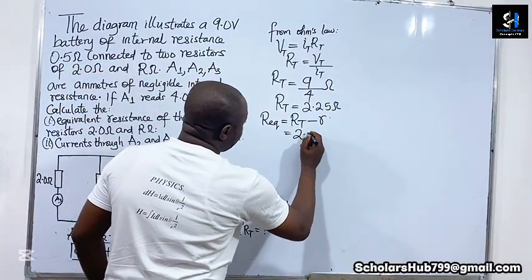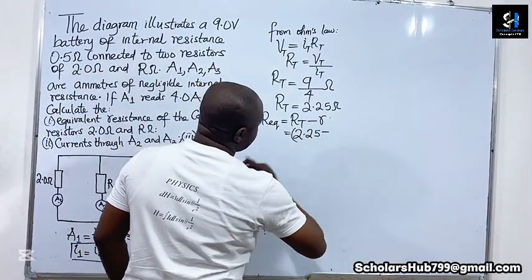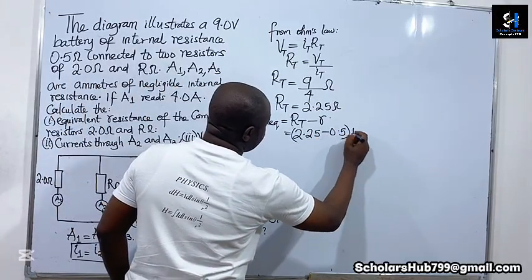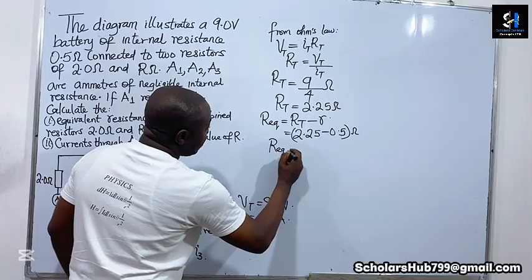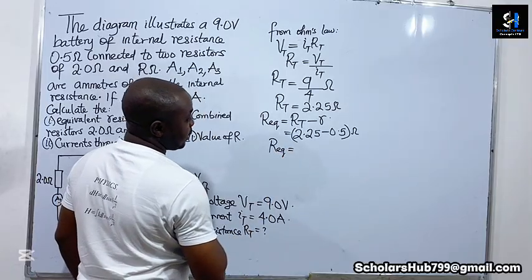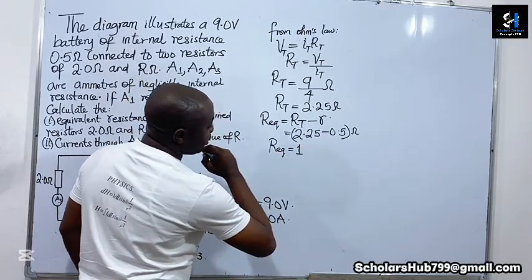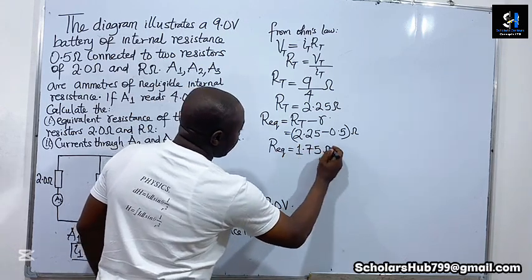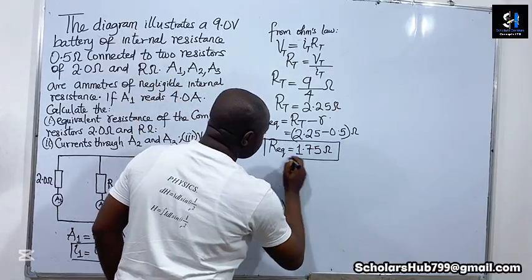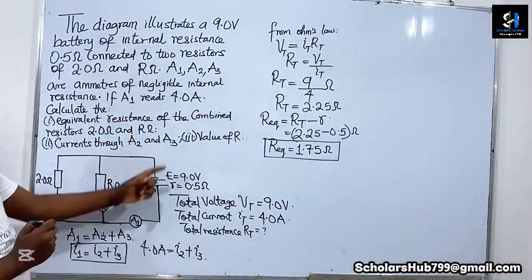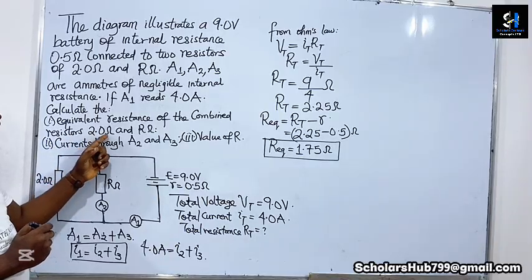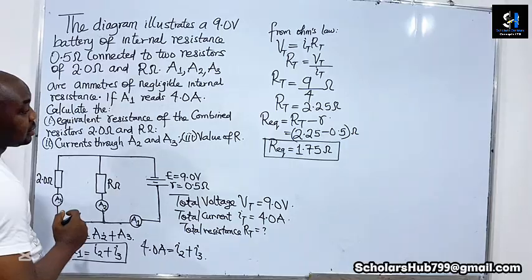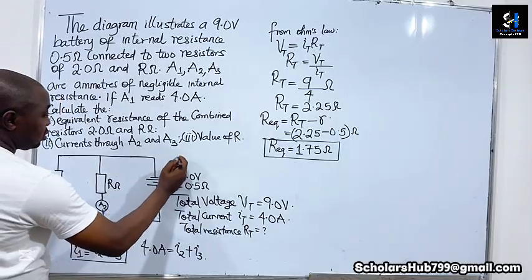This will be 2.25 minus the internal resistance, which is 0.5. So the equivalent resistance will be equal to 1.75 ohms. This is the equivalent resistance of the combined resistors 2.0 ohms and R ohms, and that's for Roman numeral 1.